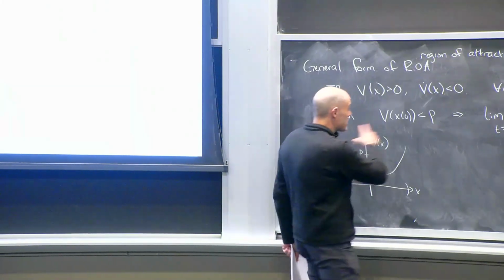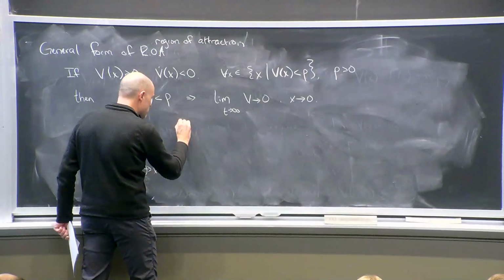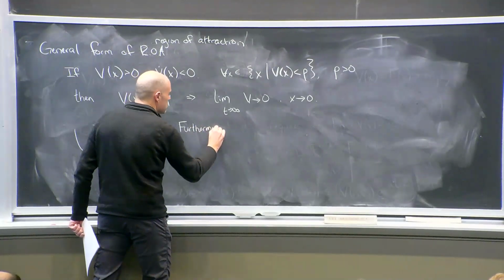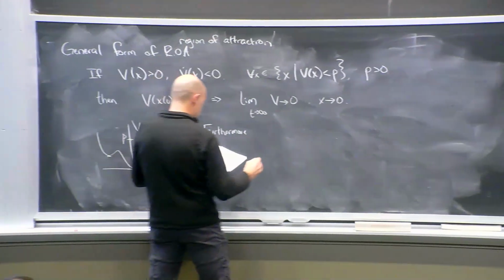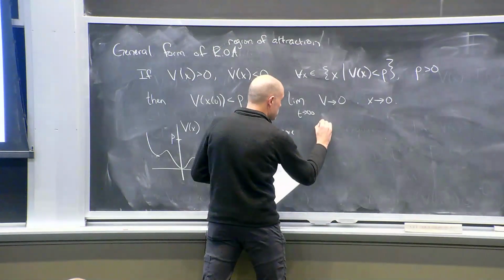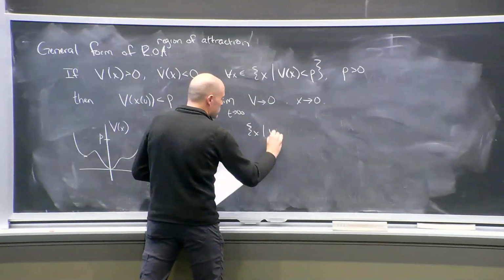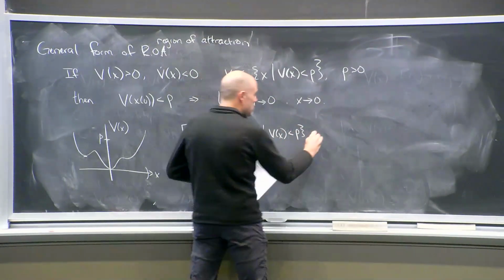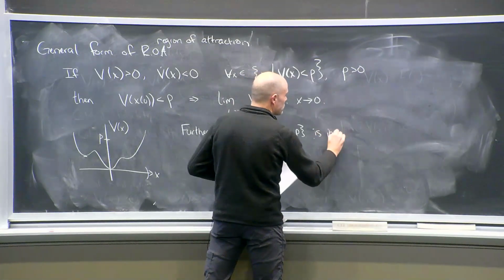Okay, so that's true. And furthermore, this set, x where V of x is less than rho, must be inside the region of attraction.